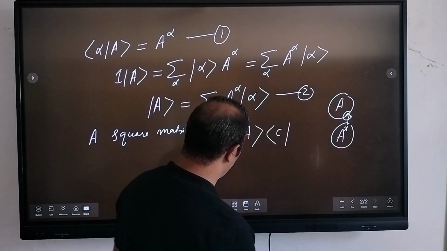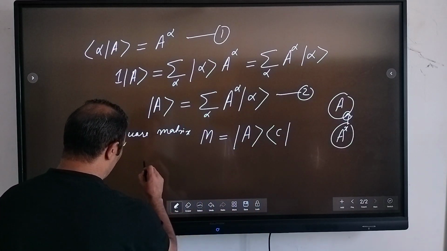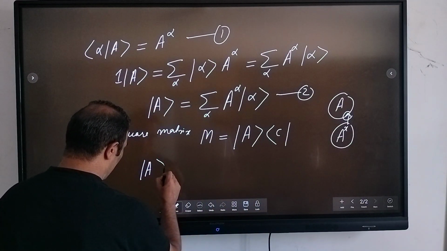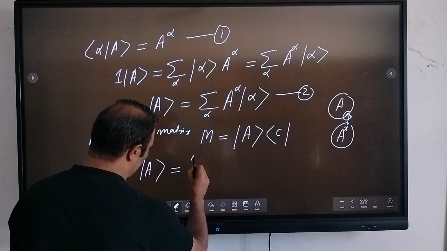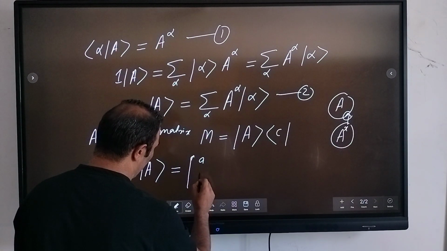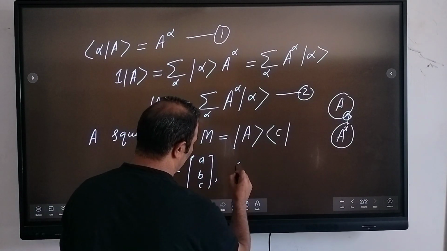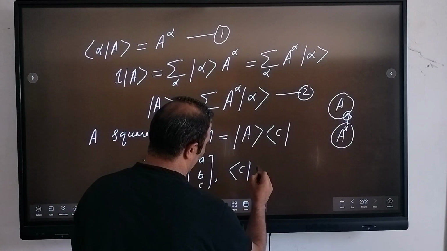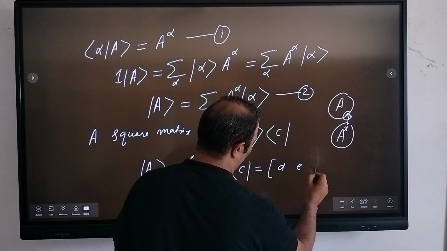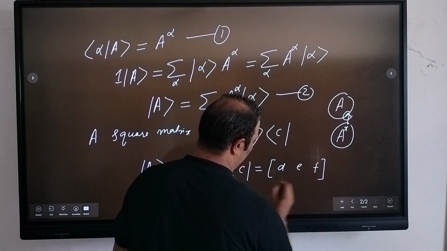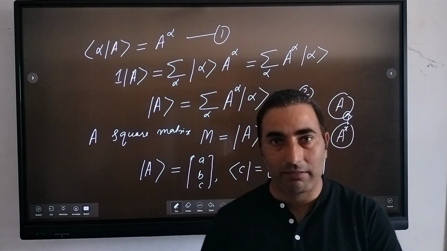Because suppose our A is, let me write its component, because this can be column matrices, so you can write this as some A, B, C, and if you write that bra of C, it can be some D. So you just check my previous lecture.